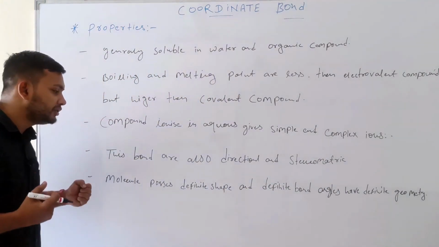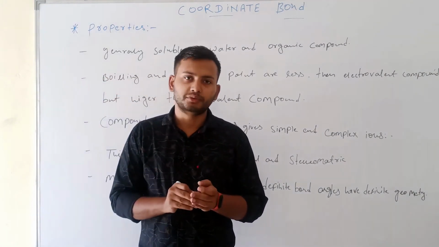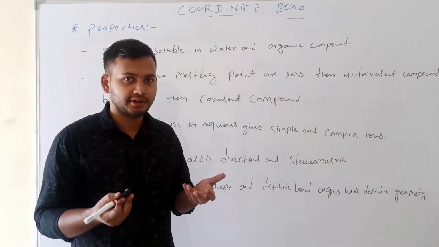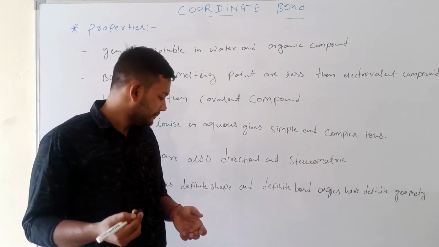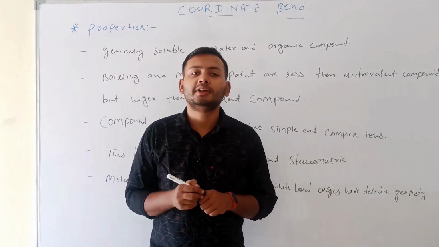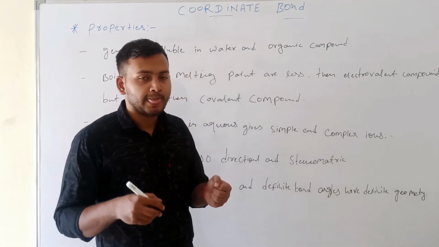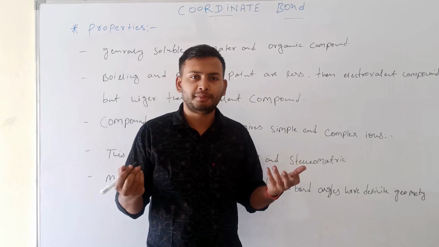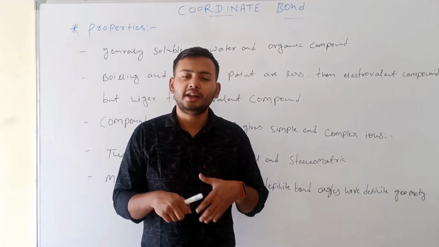Molecules possess a definite shape and definite bonds, meaning definite directions of bonds. The angles have definite geometry: some compounds have angles of 90 degrees, some 40 degrees, some 109 or 108 degrees, and so on.